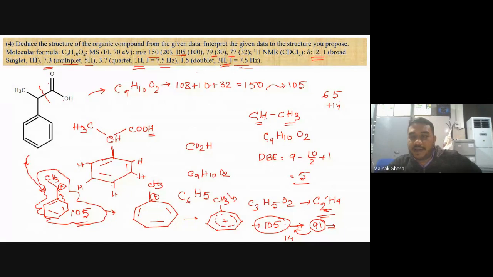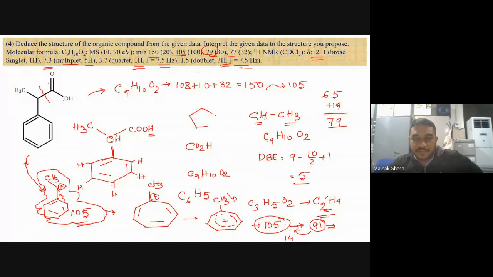Now this 5-membered ring, which is also possible for this 91 peak, you should expect something that is 14 units higher from this one because of the CH2 loss. So you see here, there is another peak at 79. What could this be?